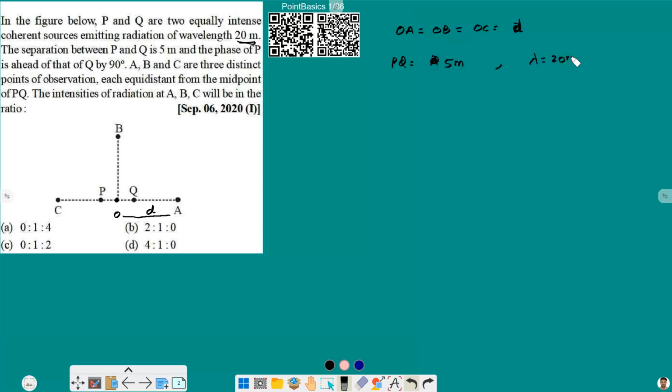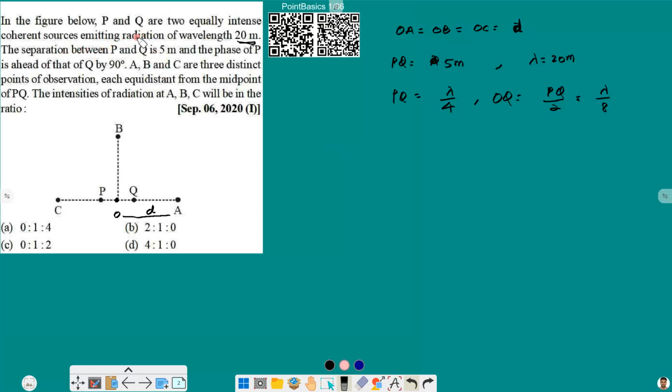Lambda is 20 meter. So we can say that PQ will be equal to lambda by 4, and OQ, we will need this distance. OQ will be equal to half of PQ, and that will be basically equal to lambda by 8.